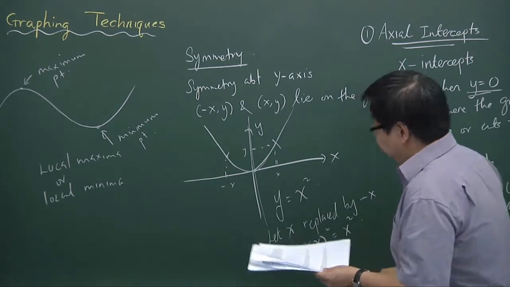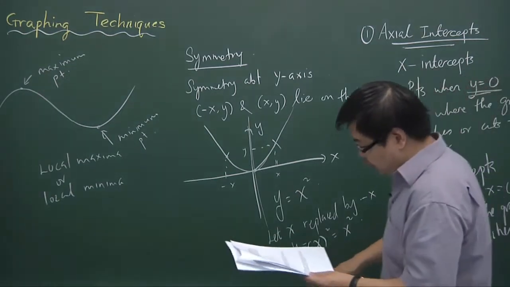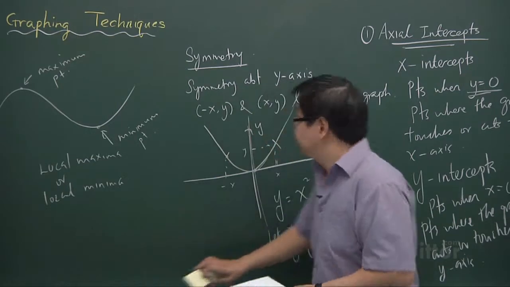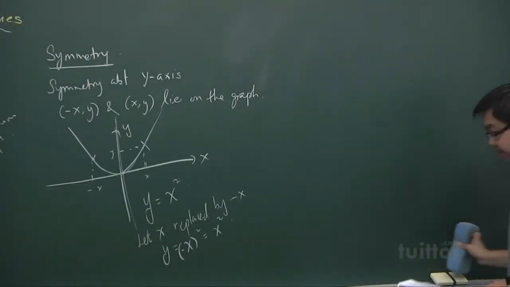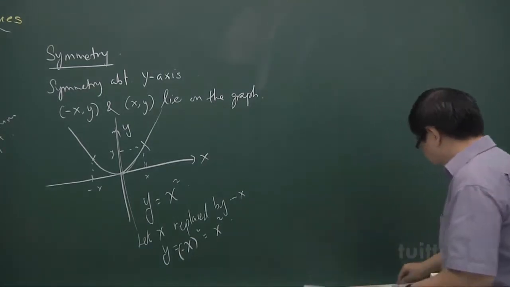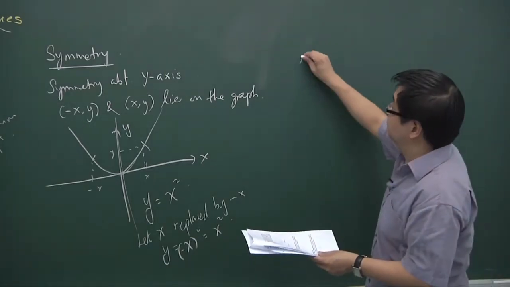Okay, so the second type of symmetry is symmetry about the x-axis.